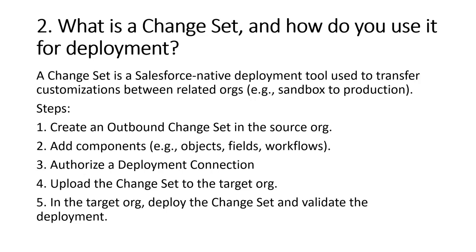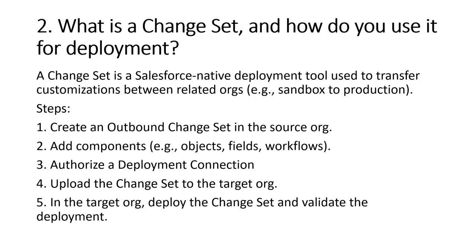First we have to create an outbound change set in the source org, then we add components. So whatever changes we have configured, whether it is custom objects, custom fields, flows, triggers, or Apex classes, whatever metadata changes we have configured in the source org, we can transfer to the target org.